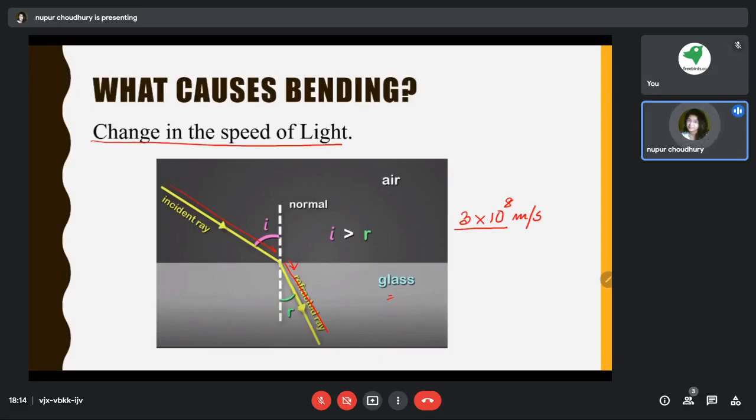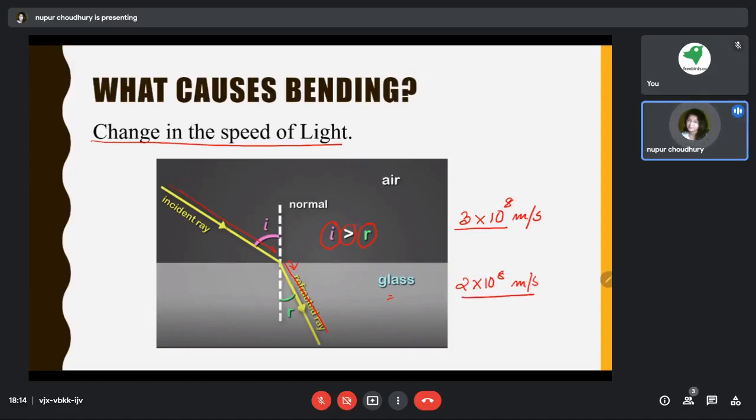And since it has more density than air, the angle of incidence will be greater than the angle of refraction. So we have to remember that the bending of light is the phenomenon behind refraction, and this happens because the speed of light changes in different mediums. Let's say when it reaches the second medium, the speed becomes 2 into 10 to the power 8 meter per second.